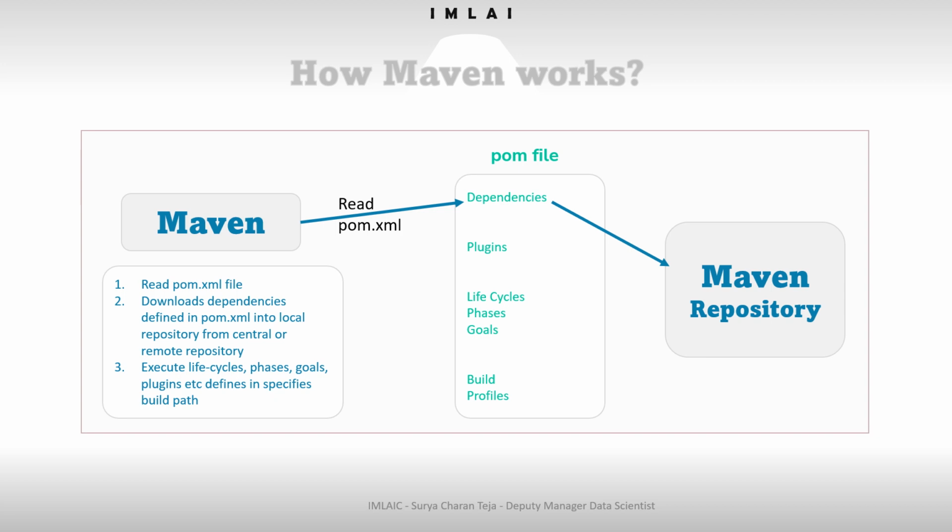Then we will see a few more terms: build life cycles, phases, and goals. A build life cycle consists of a sequence of build phases, and each build phase consists of a sequence of goals.